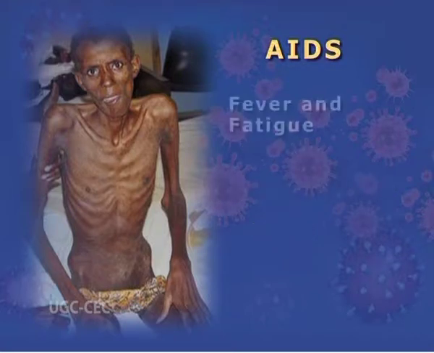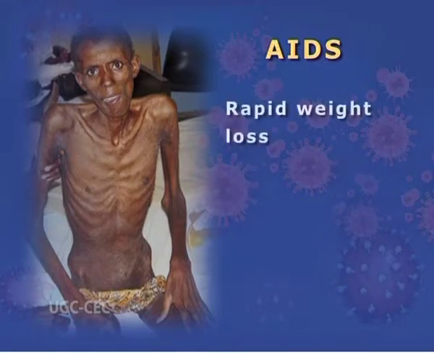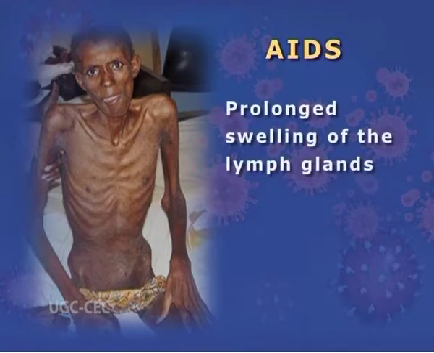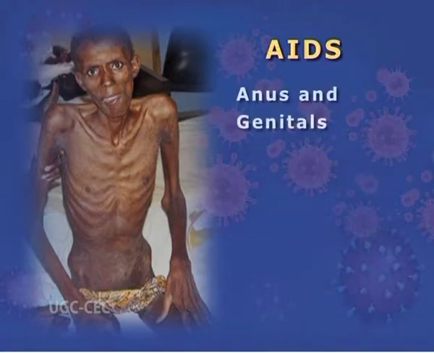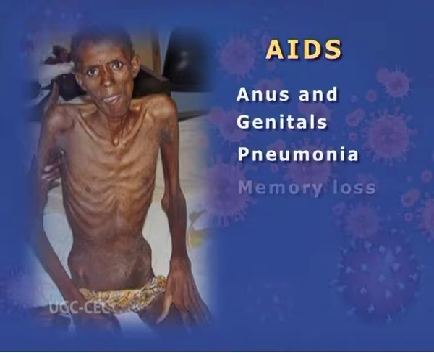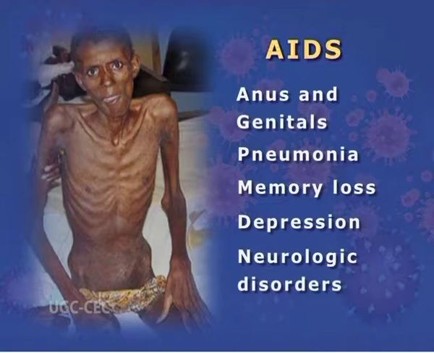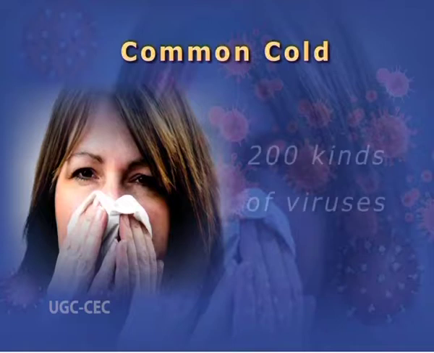Symptoms include fever and fatigue, sore throat and swollen glands, rash, headache, rapid weight loss, recurring fever and profuse night sweats, prolonged swelling of the lymph glands, diarrhea, blotches and sores of the mouth, anus and genitals, pneumonia, memory loss, depression and neurologic disorders.